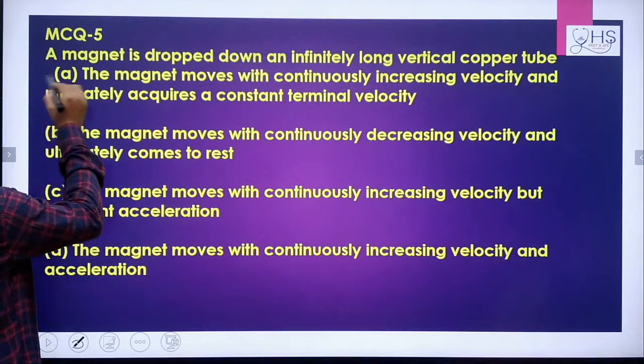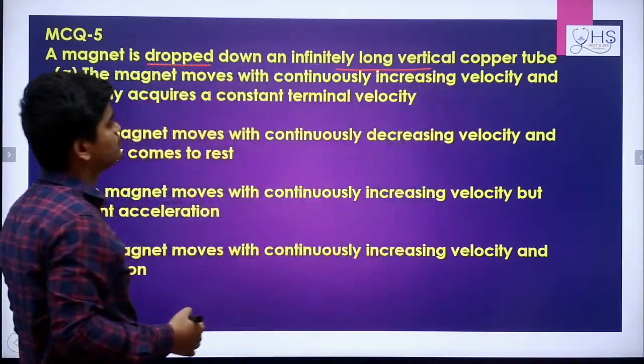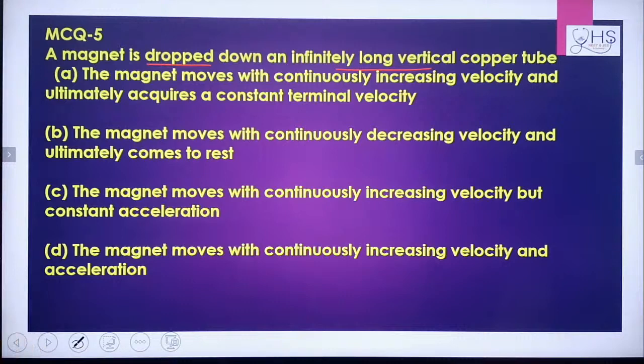Now come to the next question. A magnet is dropped down an infinitely long vertical copper tube. What will happen here? Listen to what I will tell.